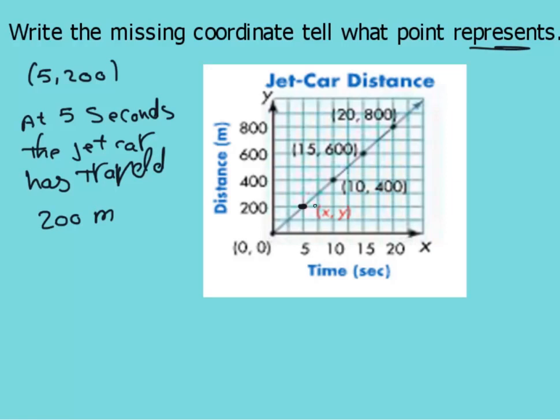This is the point, and it represents what? We have here time, and here the distance in meters, the jet car distance. We are talking about the distance every time. If you are driving a car, as time passes, you cover more meters, more distance.